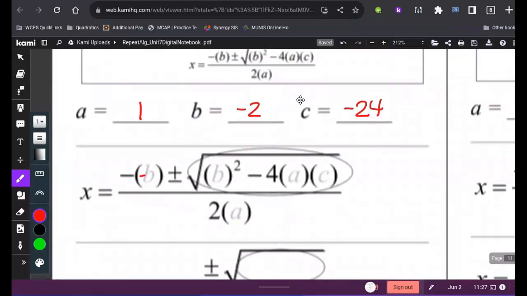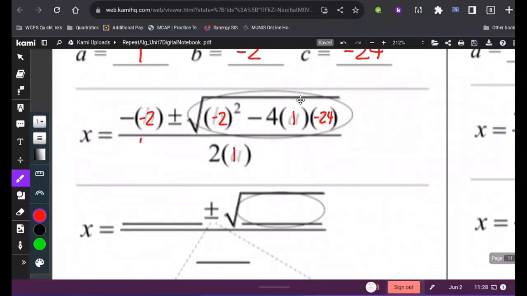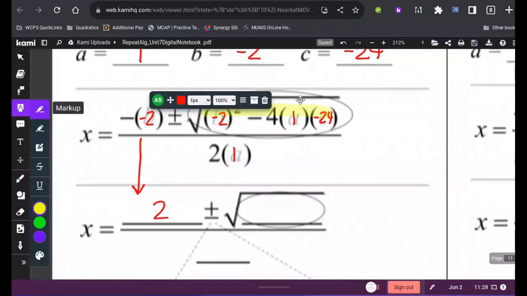So we fill in the blanks. Here's our B, here's our A, here's our C, and another A on the bottom. So now we just need to simplify. The opposite of negative 2 is positive 2. I'm going to type all of this into the calculator.